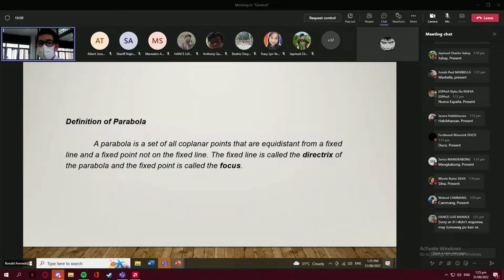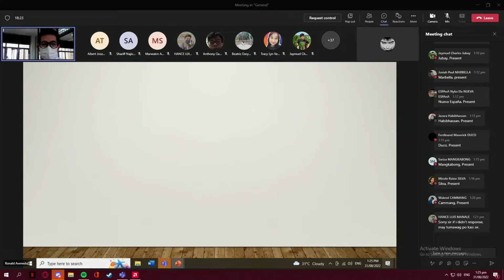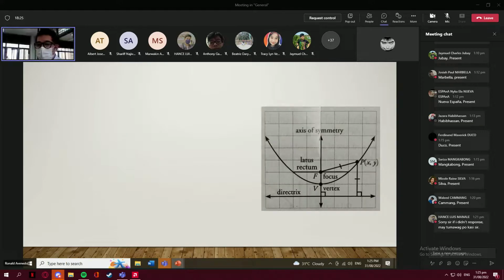The fixed line is called the directrix of the parabola and the fixed point is called the focus. So later on, we'll have an illustration of what is a directrix and what is a focus because that would be part of the graph of a parabola. An illustration of parabola, we have here the vertical and horizontal lines, the two axes on the Cartesian plane, which are the x and y axis.